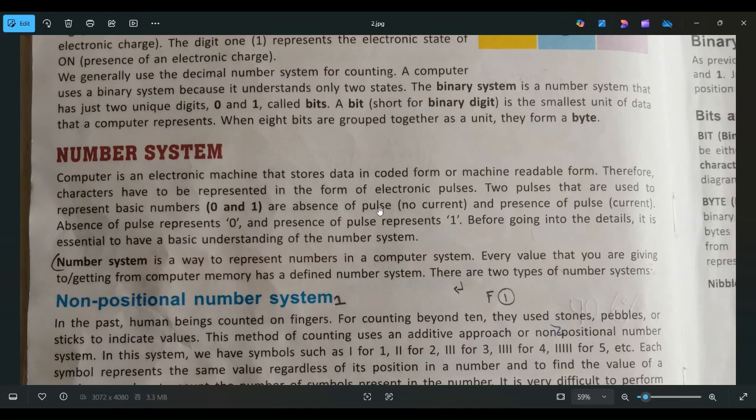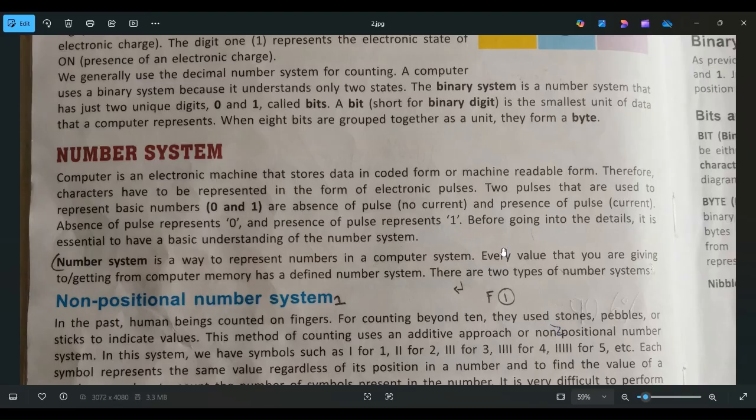The absence of a pulse means no current, which means the off state. Don't get confused. The presence of a pulse means the presence of current, when the on state is here, when the button is on. Just remember: the absence of a pulse represents 0 and the presence of a pulse represents 1.